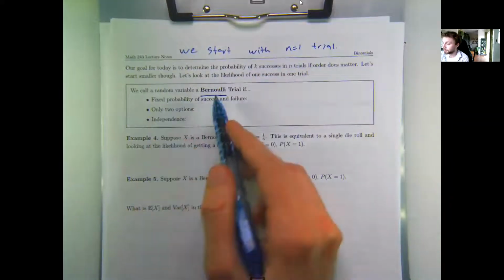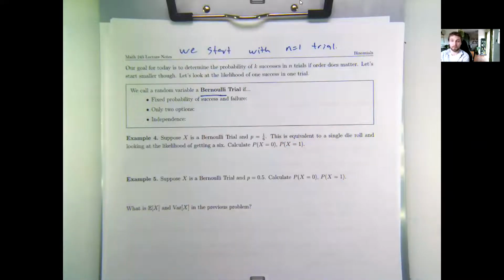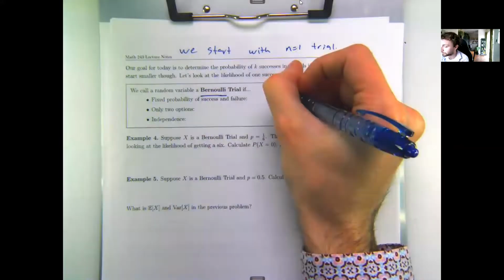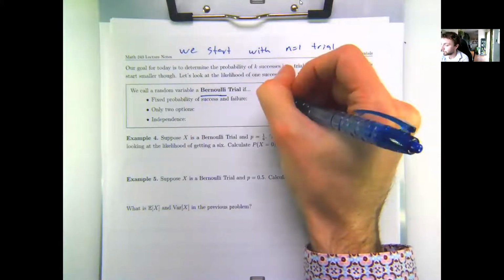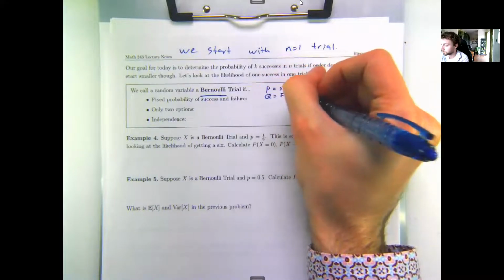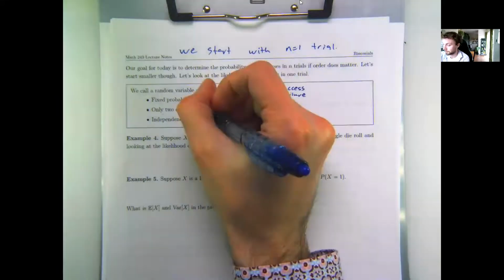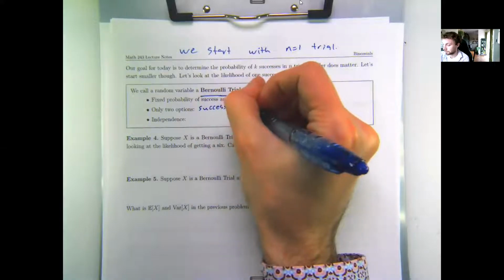This has two options. It's either a success or a failure. That's where the bi part of the binomial is coming from. We say the probability for success is P. And we're going to call the probability for failure Q. There are only two options for Bernoulli: success or failure.